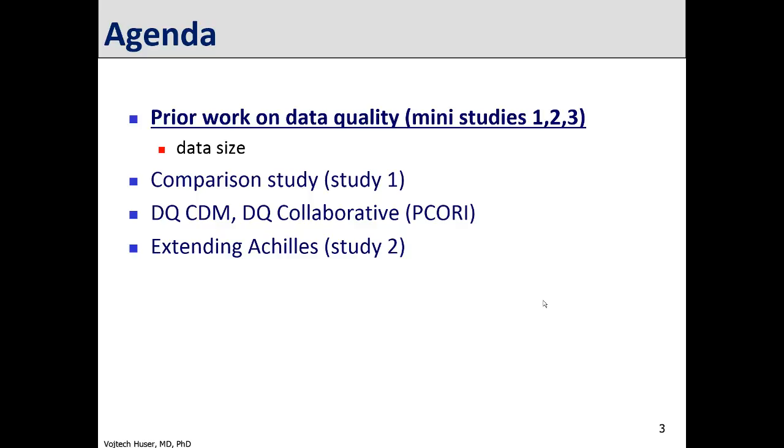This is the brief agenda for my talk, and as I transition from one topic to the other, I will present the same agenda and highlight the section I'm in. I'll first focus on three small studies which led me to the main study, which will be about 60% of the talk. Then I will briefly touch on some extensions to data quality inspired by the first study.